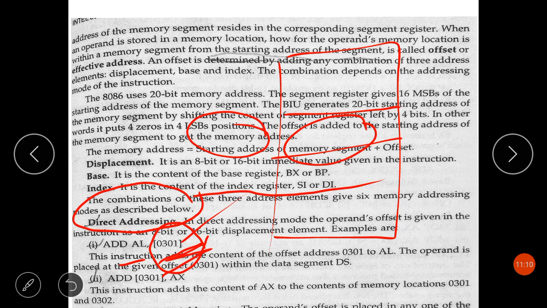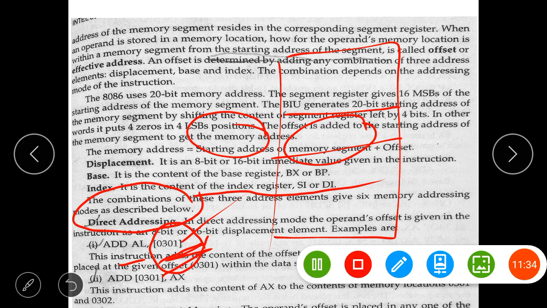And if you find any data written within the square brackets, then it is the offset address, and if you find any data without the square brackets, then it is the operand.